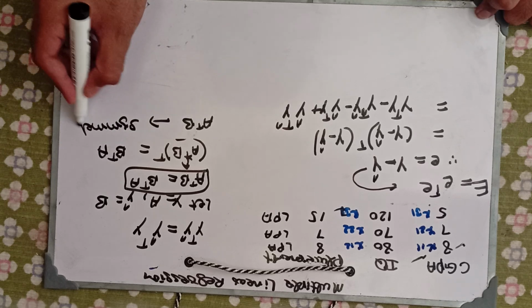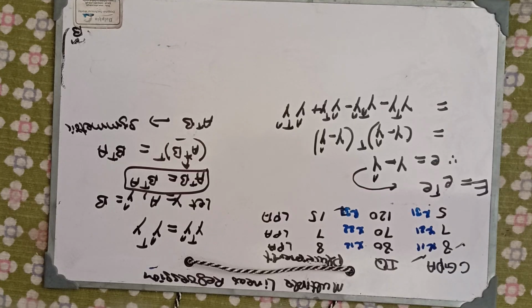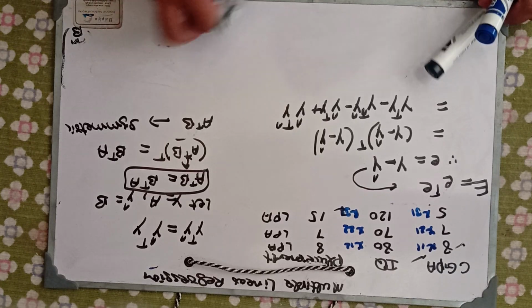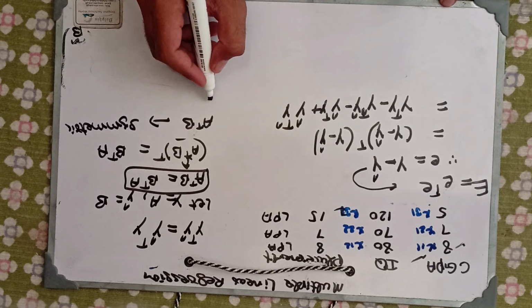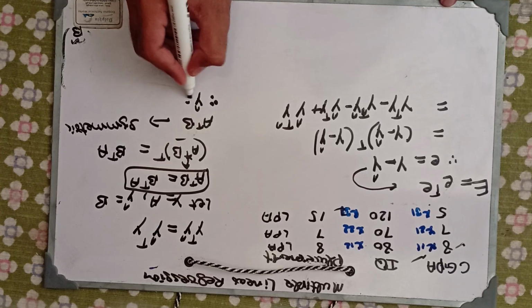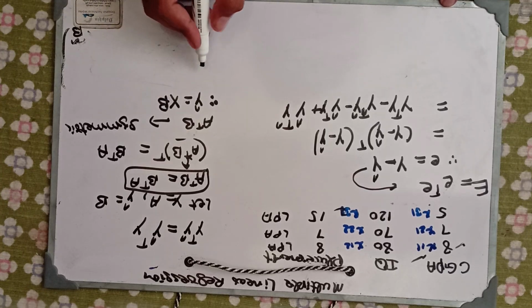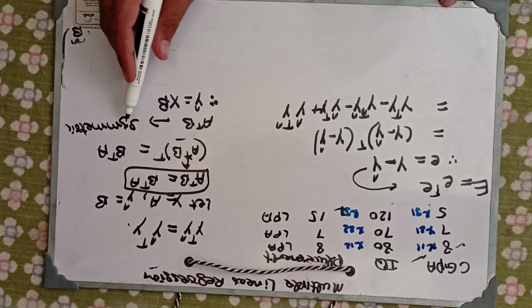As you know, the transpose of a symmetric matrix is equal to the original matrix. So here, since you know that y hat equals x beta, the equation we drew earlier, can I replace this value in the equation?